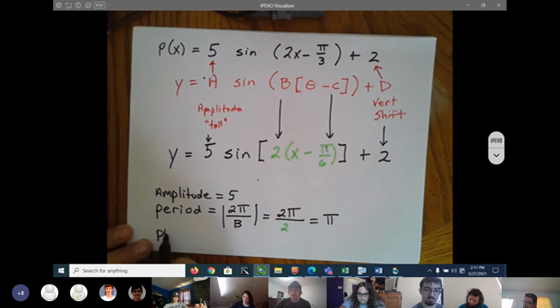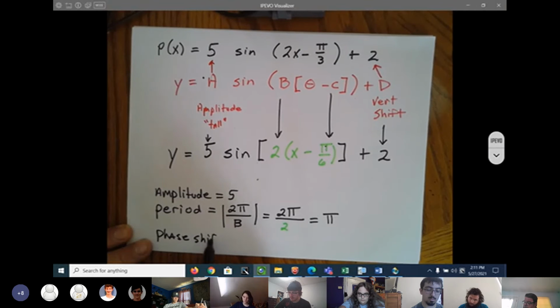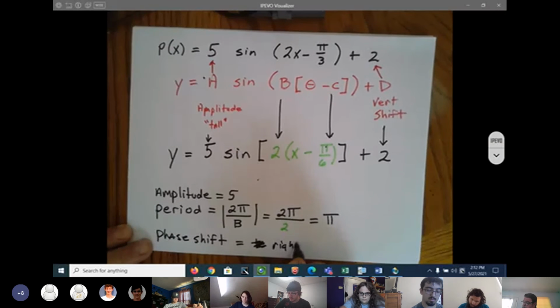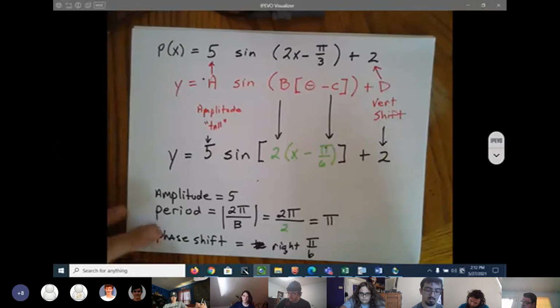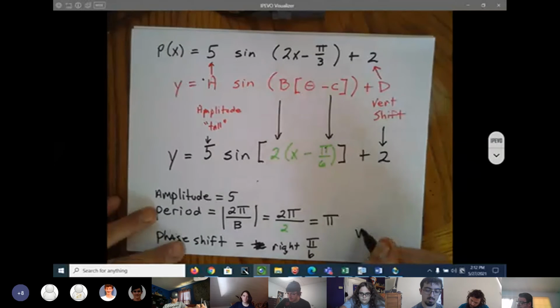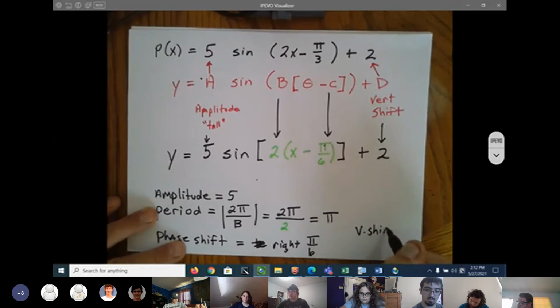My phase shift, or my horizontal shift, is pi over 6, and then my vertical shift is 2 up.